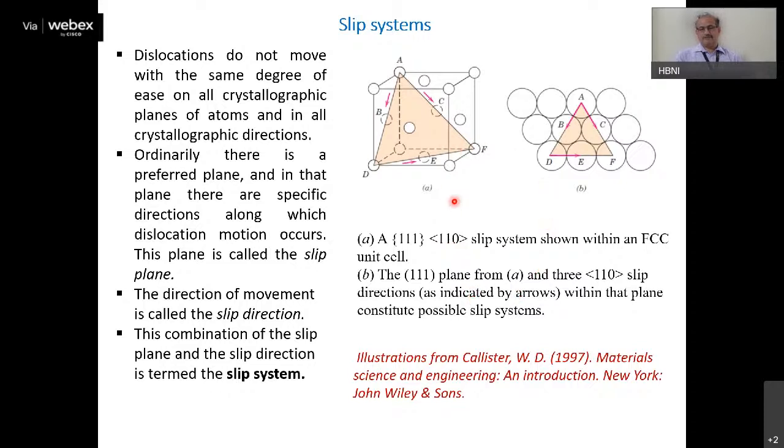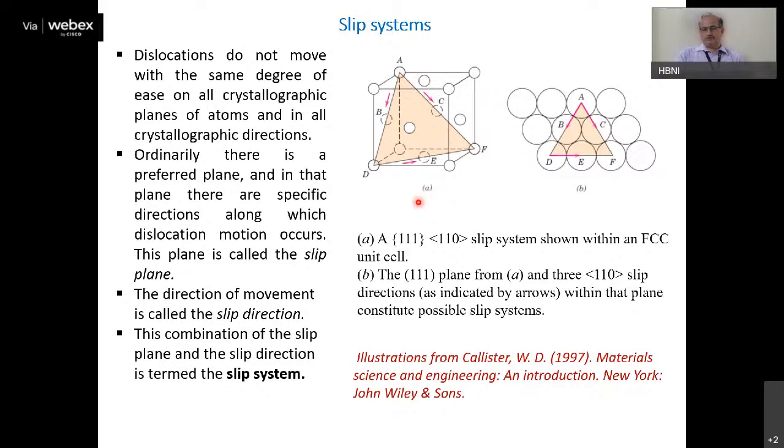In the same manner as FCC, there can be different slip systems with different crystalline systems. For example, BCC will have different slip planes, and for HCP, we will have different slip planes. So for the shear stresses that you apply, there has to be some component of shear stress in these directions in order to facilitate activation of these slip systems.